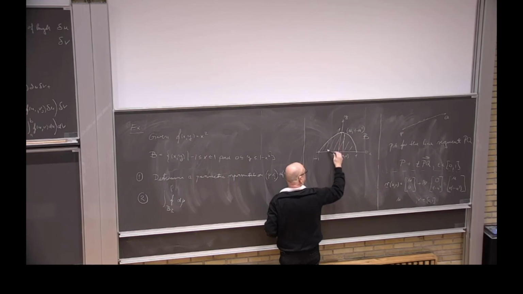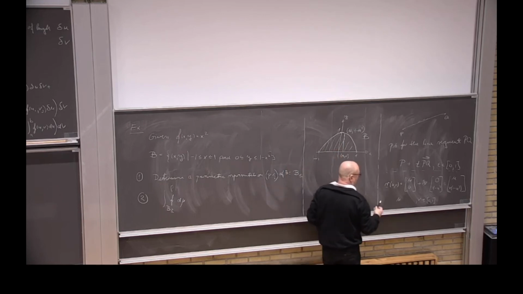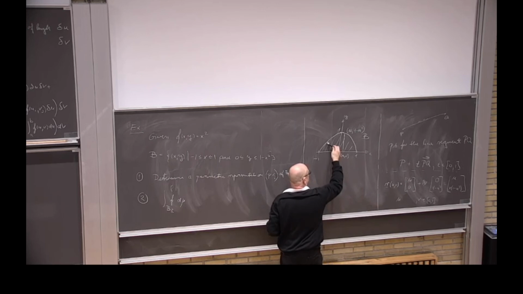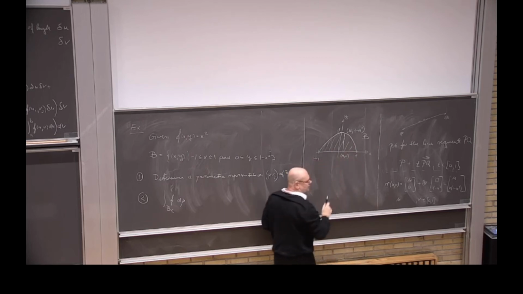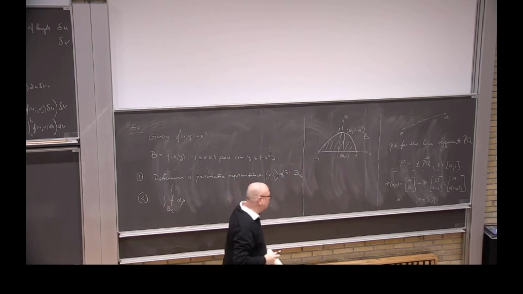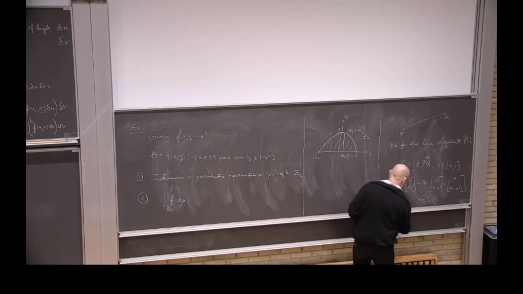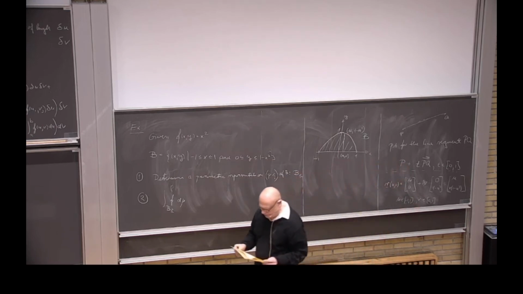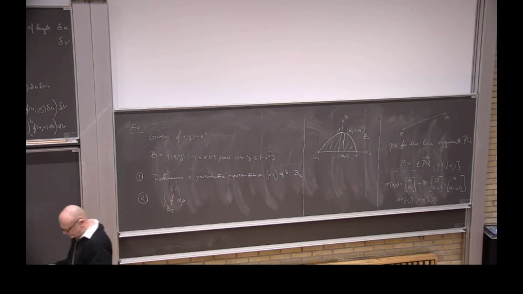I still have these two endpoints, and this will then be a parametrization of this line here. And if I choose u to go from -1 to 1, then I cover all lines in this area. And this way I cover the whole region, so this is the parametric representation.